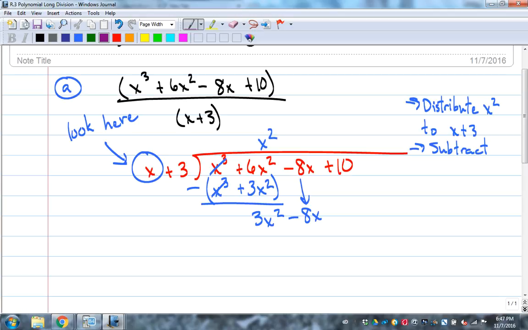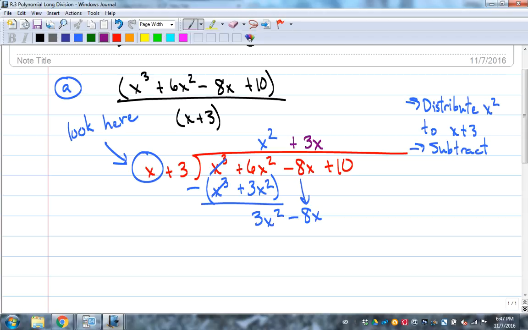What times this x would get me 3x squared? 3x. I need a 3 and another x, so I put a plus 3x up there on the top. It's plus because that's a positive 3x squared down there in the bottom.